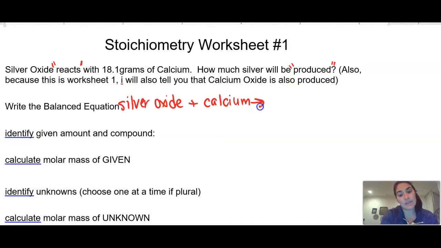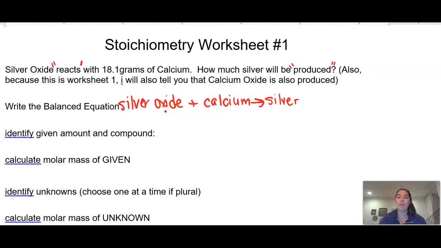All right, and then the question says how much silver will be produced. So I know silver is over here. The thing is, that's where a normal question would end on a test. But you are chemistry-y enough that you should look at that and be like, okay, well, where's the calcium and the oxygen, right? You should get that something's missing.